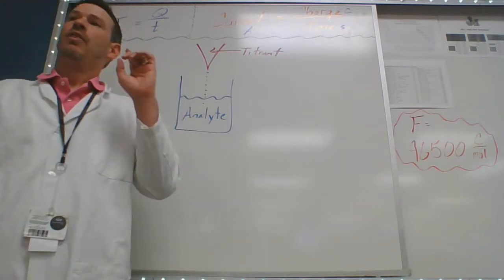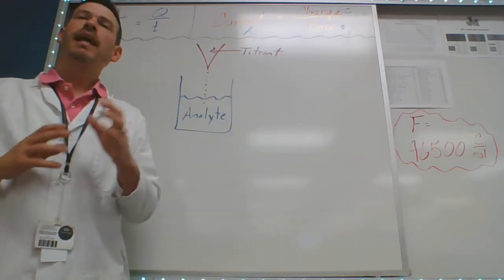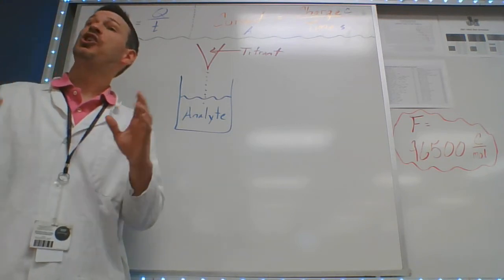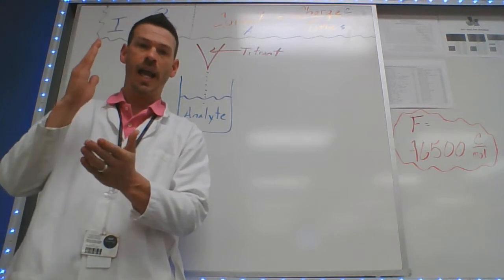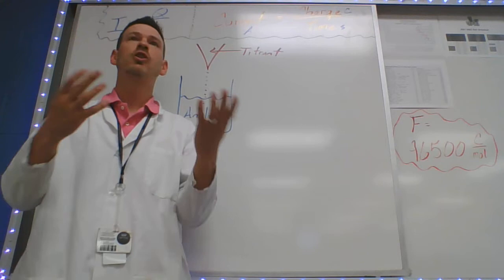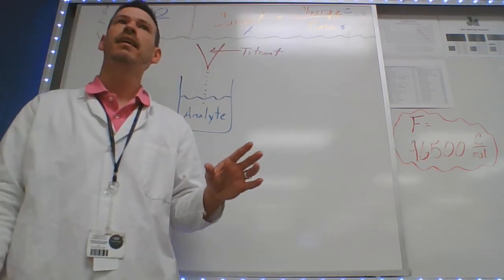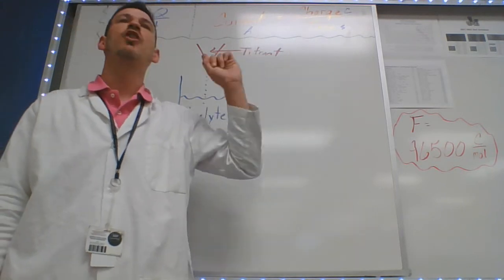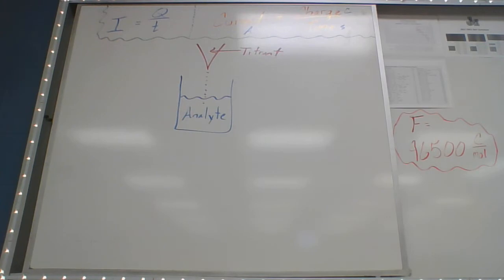Anyway, the first thing I want to point out about the curve is that if they ask you what is the general identity of the analyte, what they might be asking is: is it a strong base, a strong acid, a weak base, or a weak acid? And it's real easy to figure out if you just slightly studied it. What you want to look at is the origin of the line. Notice how these are two different graphs.